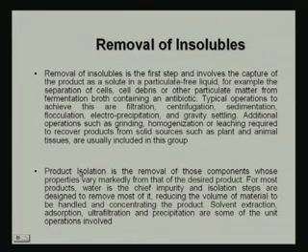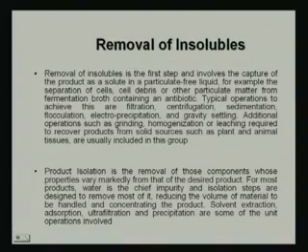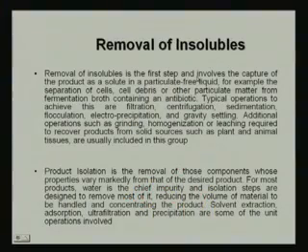Now, coming to the removal of insolubles. Fermentation is over, or production of our targeted metabolite is already over. So what should we do? The first step is insoluble separation. Removal of insolubles is the first step of downstream processing, and involves the capture of the product as a solute in a particulate-free liquid.